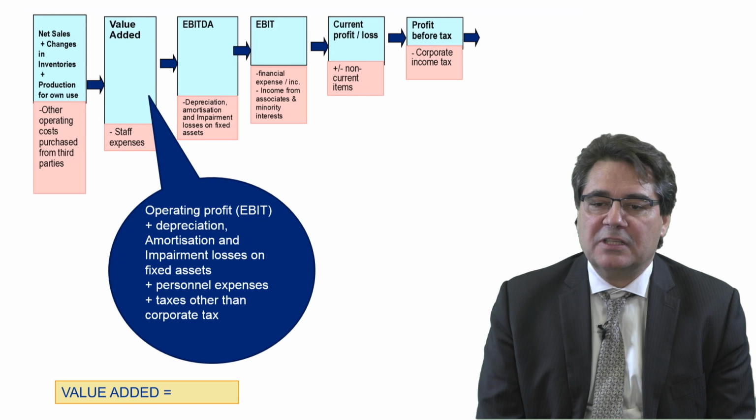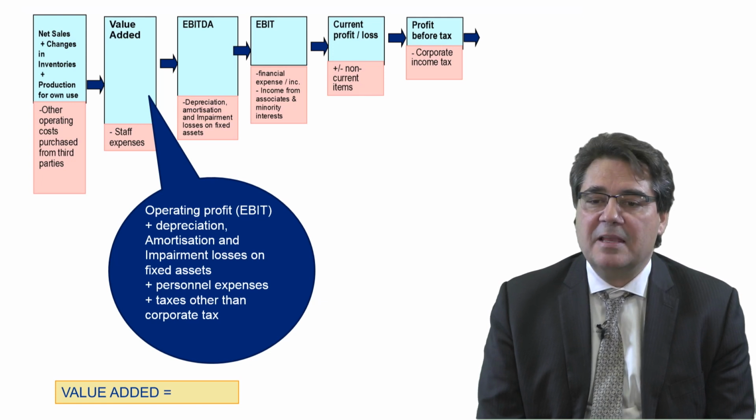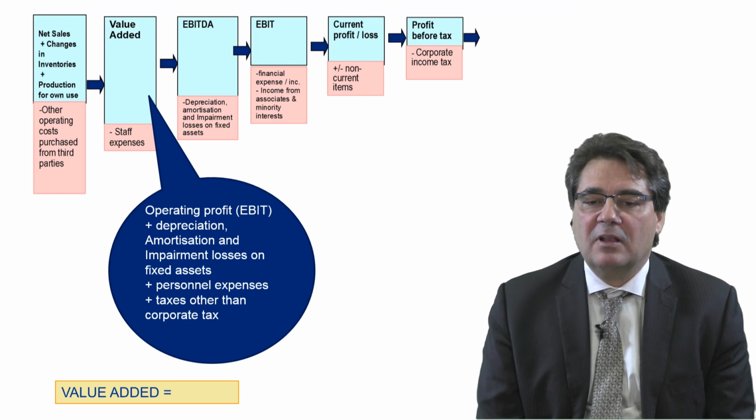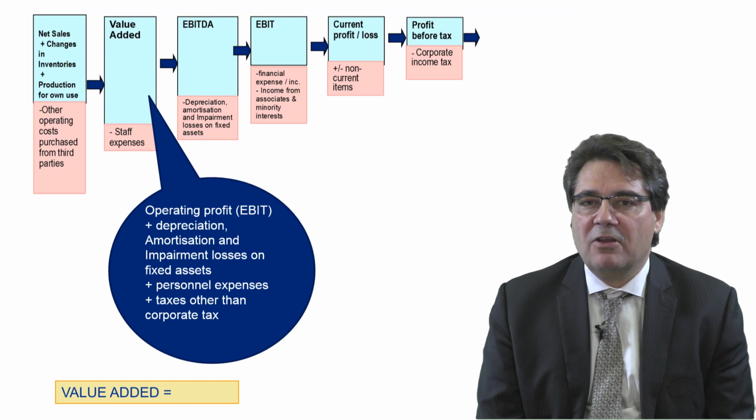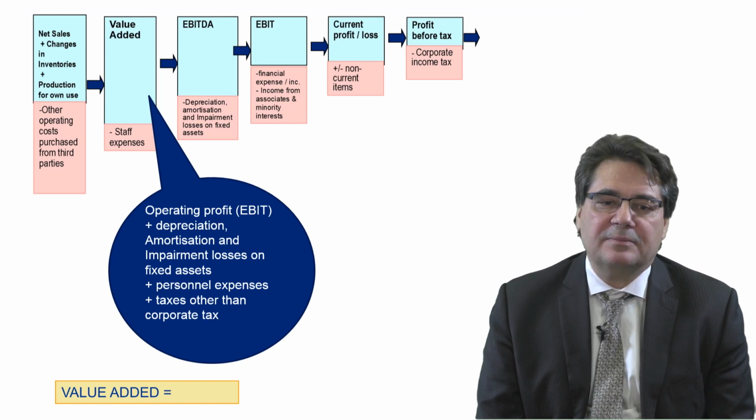For the by function income statement format, value added is equivalent to the sum of EBIT, depreciation, amortization, and impairment losses on fixed assets, personnel expenses, and taxes other than corporate income tax.